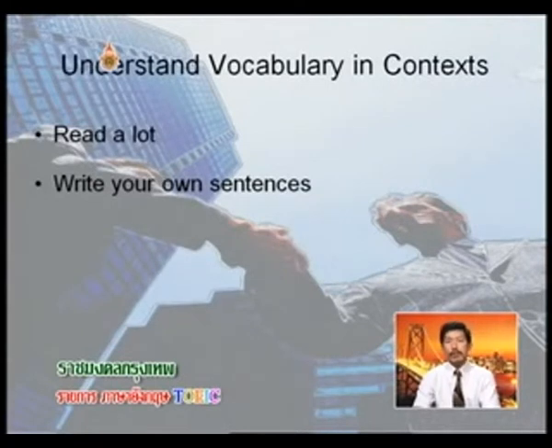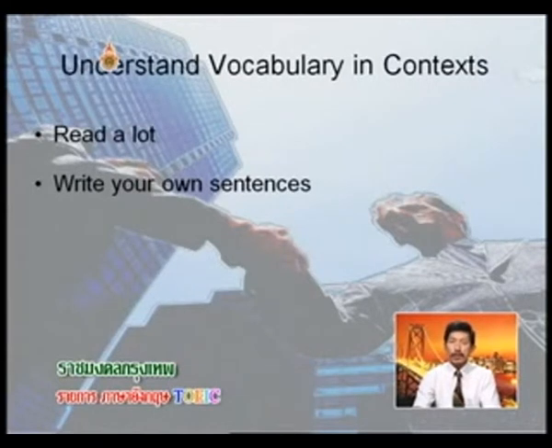So what you have seen on screen is some suggestions which will help you understand new words in context. To be able to increase the number of your vocabulary in your brain, first thing that you have to do is, of course, you have to read a lot.